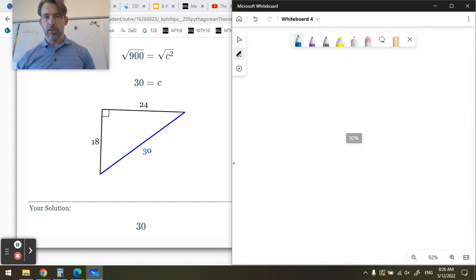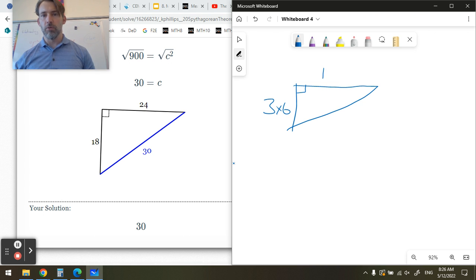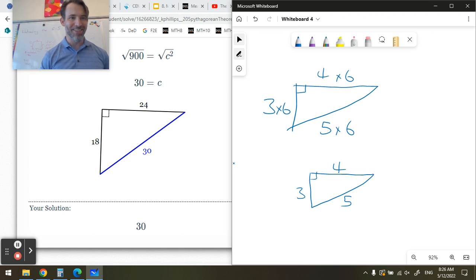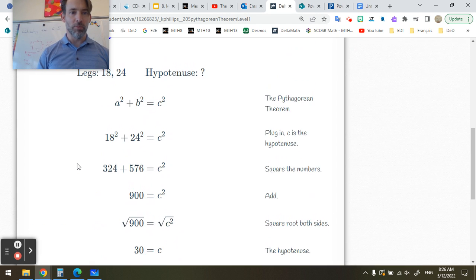Let's say we have that triangle here, and I compare it to this triangle, which is the same thing. 3 times 6, 4 times 6, and then this would have to be 5 times 6, because it's just a variation of the 3, 4, 5 triangle. And that's how you're able to do this very easily. And if you memorize some Fibonacci triples, these questions will be very fast. Okay, let's do one more example.